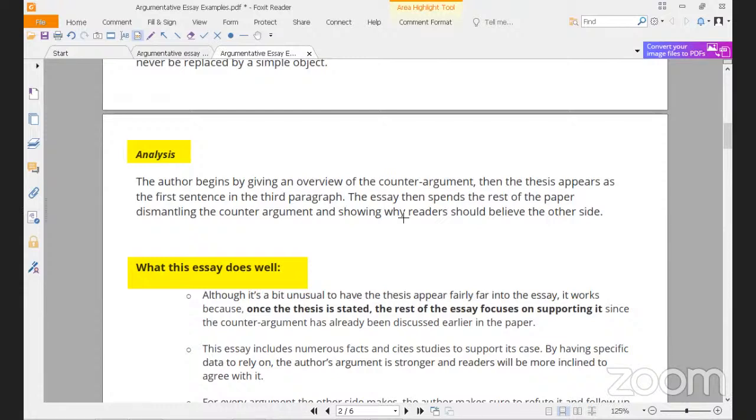Then they give us a little bit of history: the programs that failed in malaria eradication, and they give us some ways to reduce malaria.